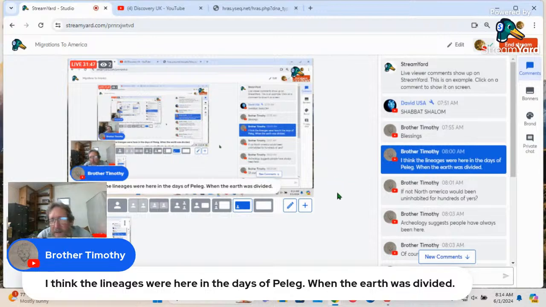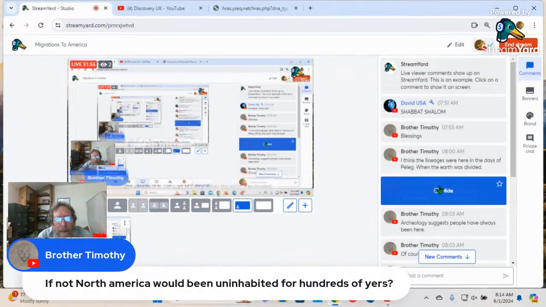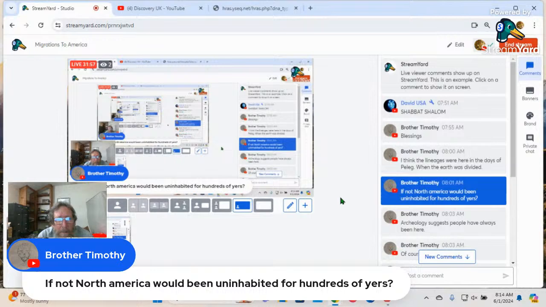First 100 years, they were all sticking together. They didn't separate until after the earth was divided. Then they separated. I think that's the way it would have been. If not, North America would have been uninhabited for hundreds of years.